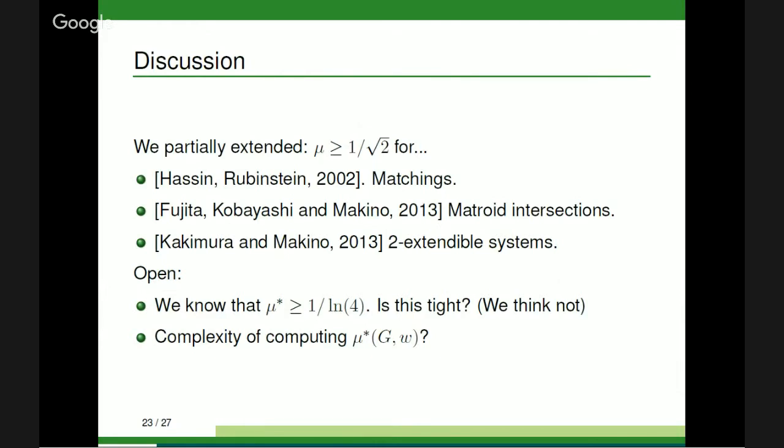Another thing we're not completely sure about is that perhaps computing the robustness, for a given graph and weights, is polynomial time solvable. We don't know. It could be. We think not. It's related to an NP-hard problem that we have seen before, but it's not easy to make the reduction. So that's still open.